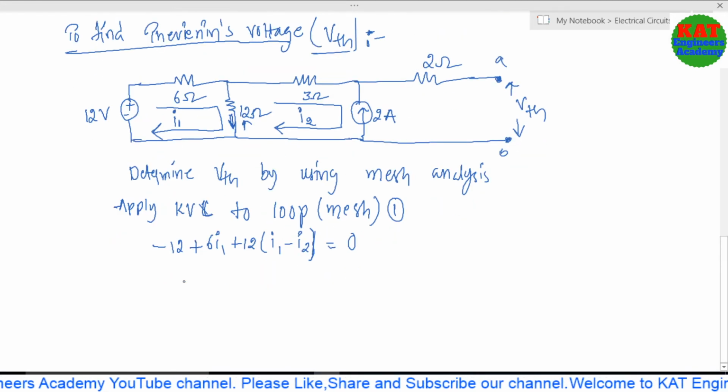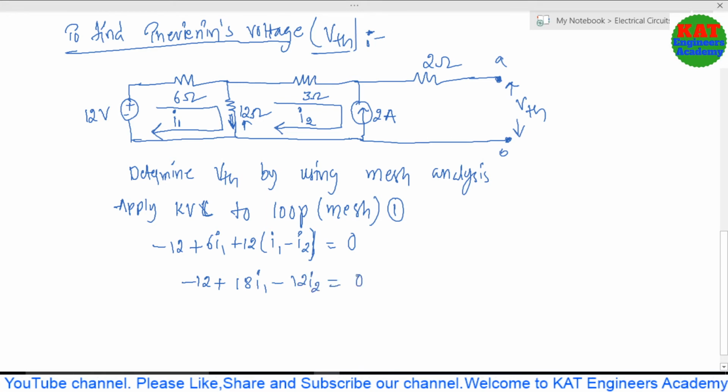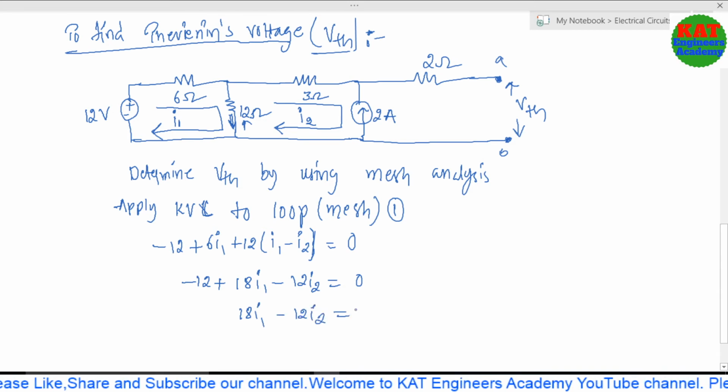So finally we get the equation minus 12 plus 18 I1 minus 12 I2 equal to 0. Now taking the 12 across, the final equation is 18 I1 minus 12 I2 equal to 12.